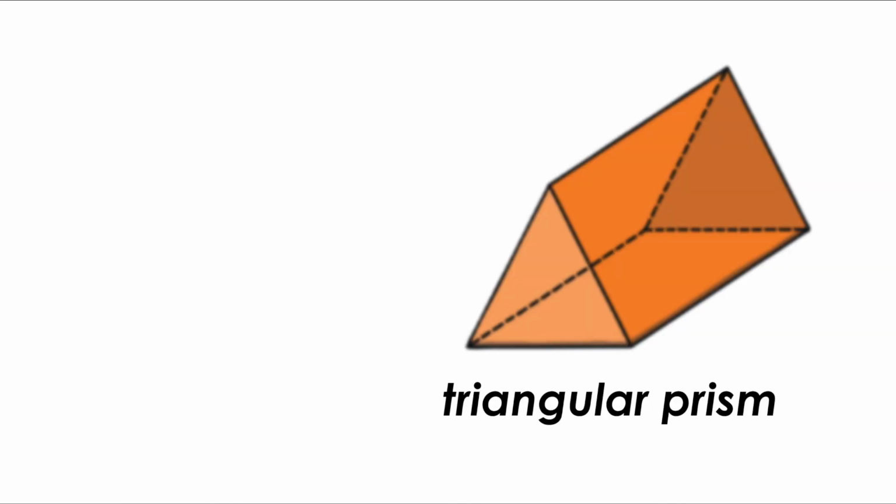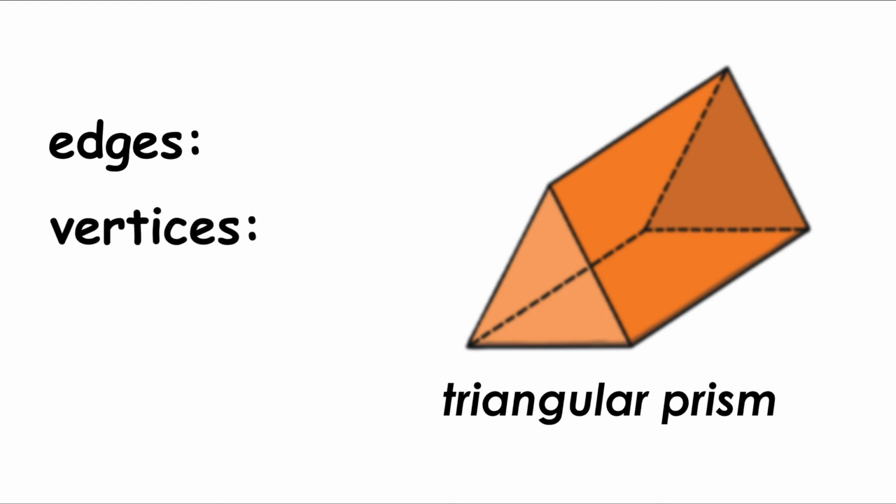So 3D shapes, we learned they also have edges, vertices, and they also have something called faces. So a face is like a surface. So in a 3D shape, if you can place it on a table, then that would be a face of the shape.